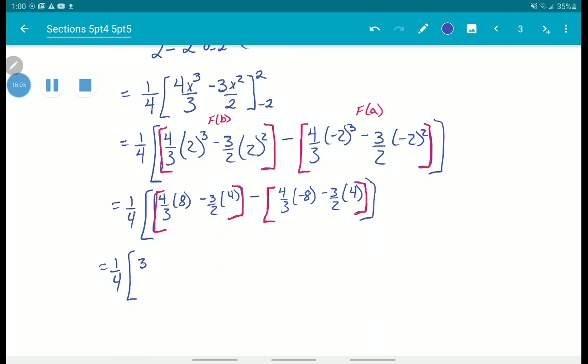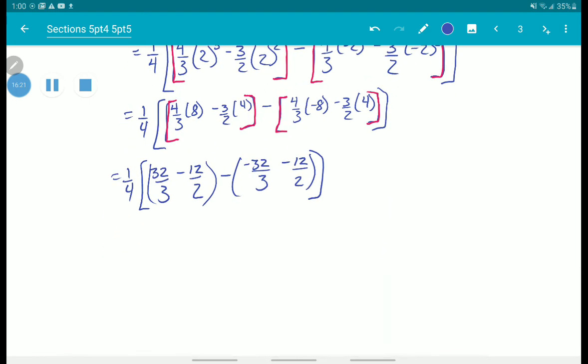So I've got 32 over 3 minus 12 over 2 minus negative 32 over 3 minus 12 over 2. So I have 32 over 3 minus 12 over 2 plus 32 over 3 plus 12 over 2.